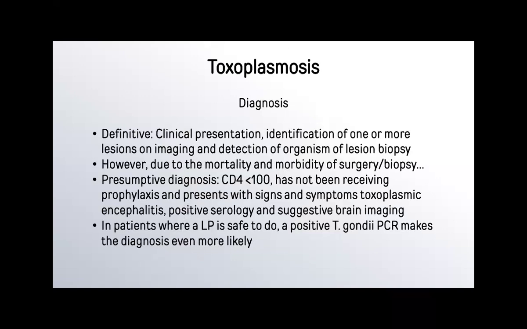However, due to the high mortality and morbidity of surgery and biopsy, a presumptive diagnosis is made in patients with a CD4 count of less than 100 who have not been receiving prophylaxis, who present with signs and symptoms of toxoplasmic encephalitis, and who have positive serology and suggestive brain imaging. In patients where an LP is safe to do, you can also send a Toxoplasma gondii PCR, which will make the diagnosis even more likely.